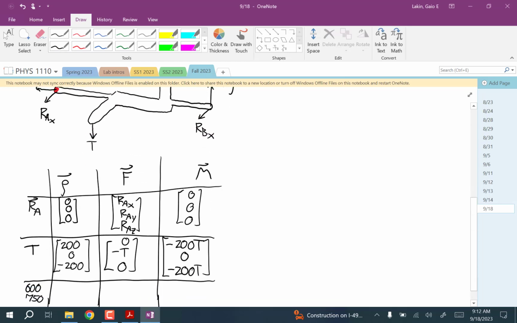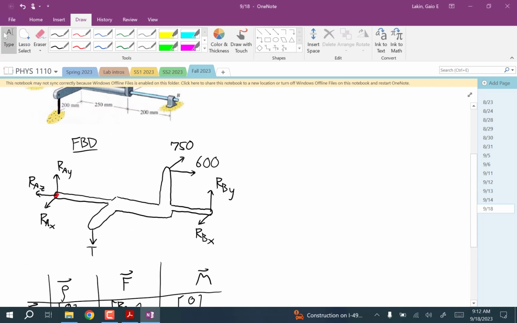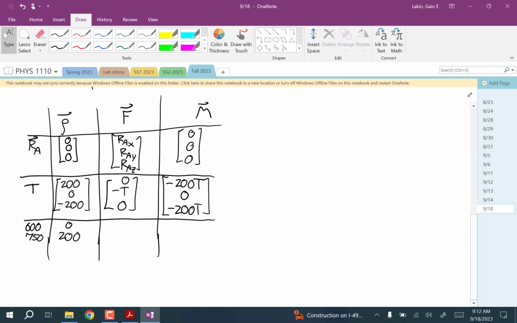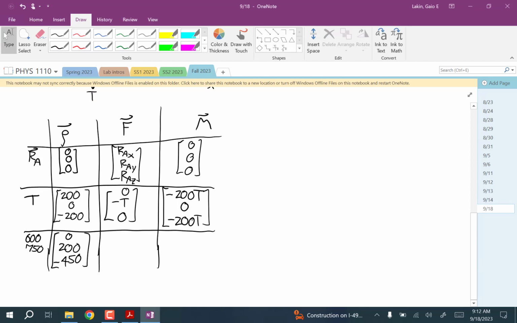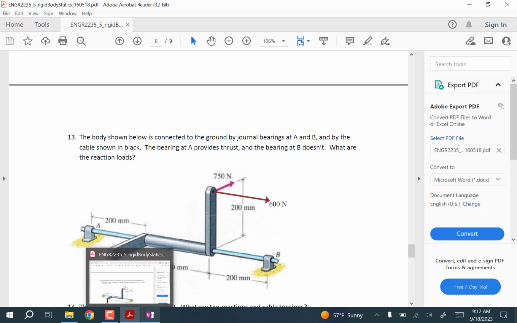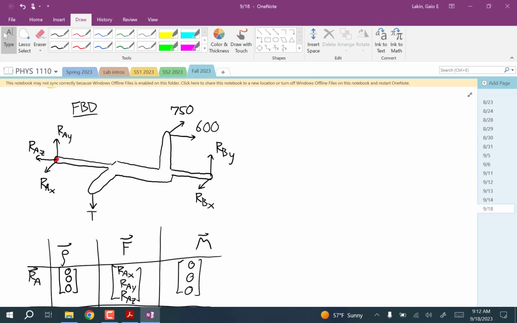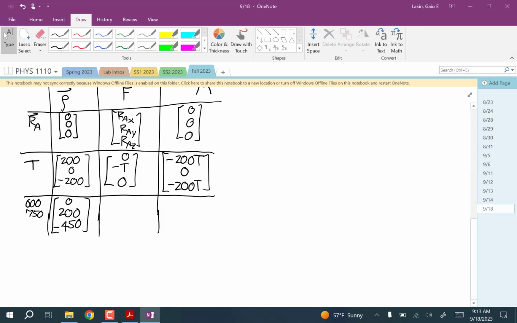So, okay, we have just positive 200y and then 450 for negative z, is that right? I'm just trying to remember what the dimensions were. 200, yeah, 450 in the negative z. And then we have 750 in the negative x, 600 in the negative z.